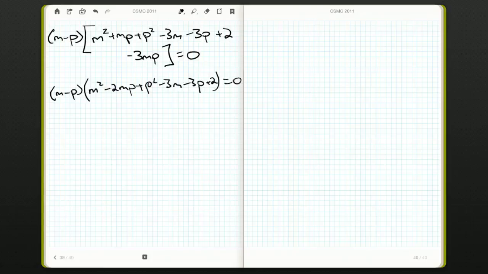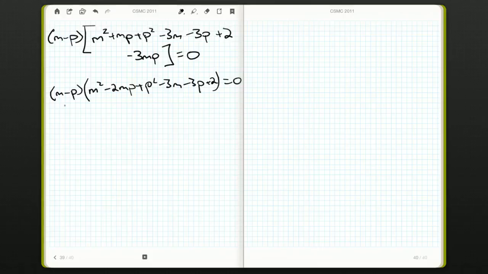Hey, what do you know? We did. Okay, so it looks like we have two options so far. We could keep factoring this, although it's going to be a little harder because we don't have another m minus p that'll pop out. But we can definitely keep factoring this.